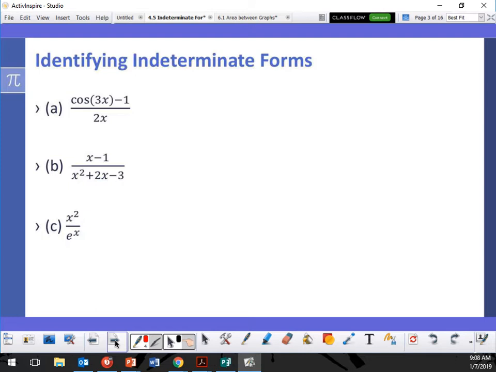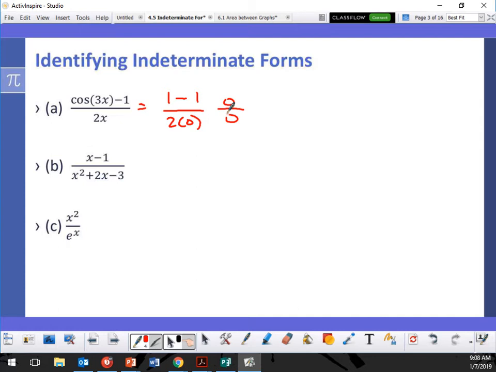So if I plug in 0, what is 3 times 0? 0. Now, trigonometry, what is cosine at 0? 1. So this is going to give me 1 minus 1 over 2 times 0, which is going to be 0 over 0. So therefore, that is the indeterminate form.